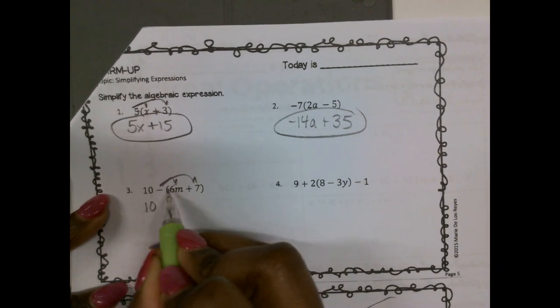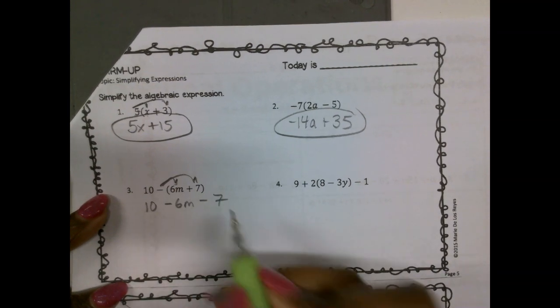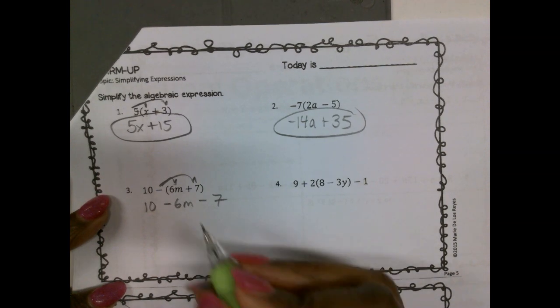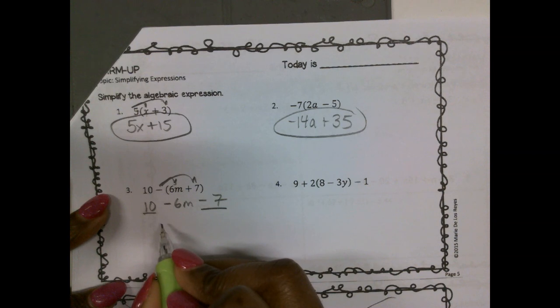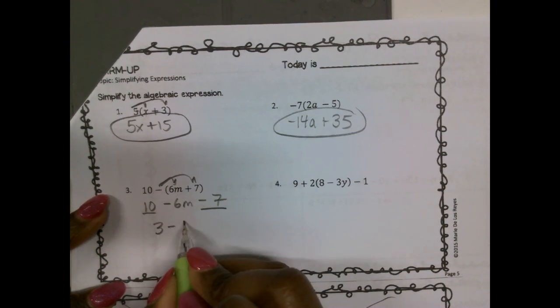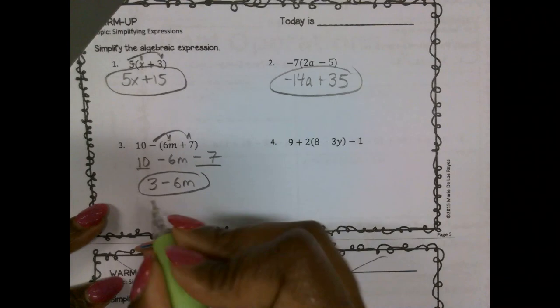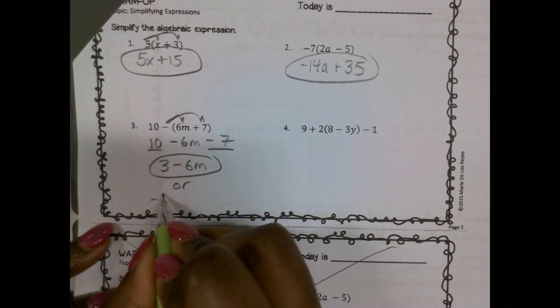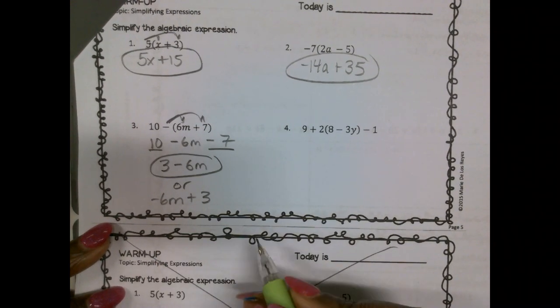So this is 10, this is negative 6m, and this is negative 7. And then you combine. Which terms do you combine here? 10 and negative 7. So what does that give you? 3. Somebody said 3 minus what? What's another way to write this? Negative 6m plus 3. Perfect. Raise your hand if you got that right.